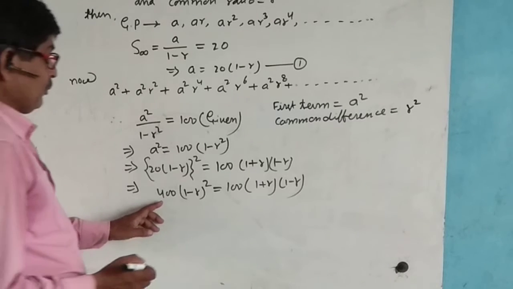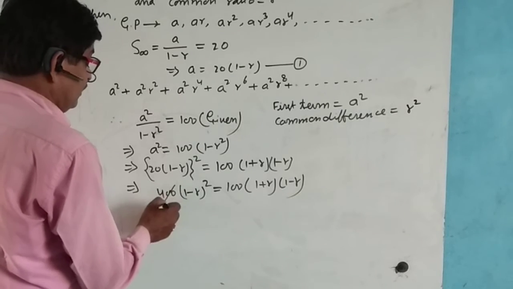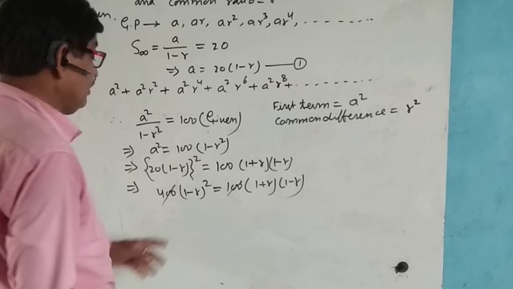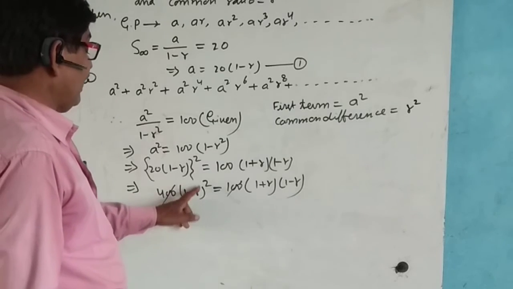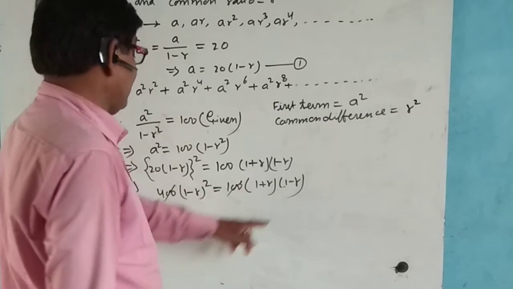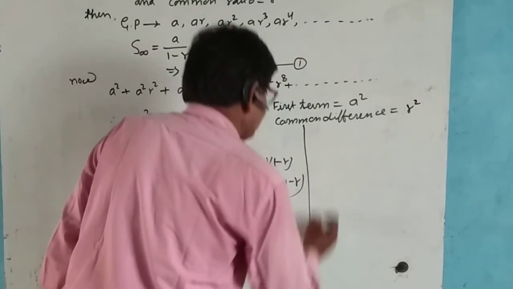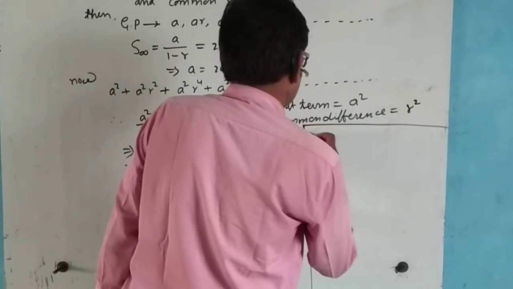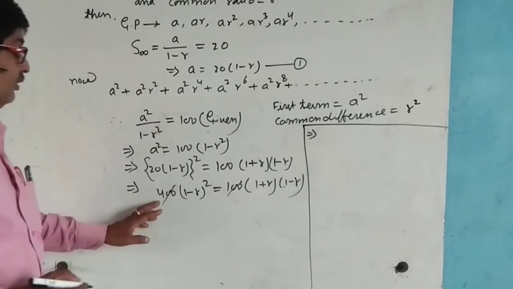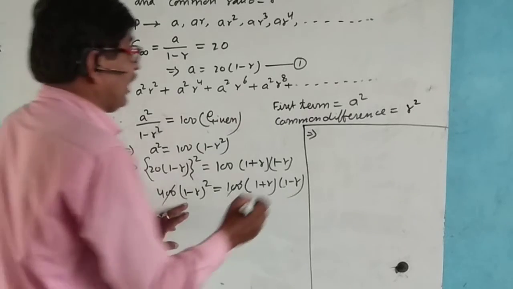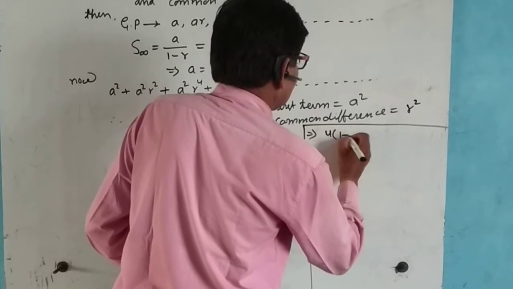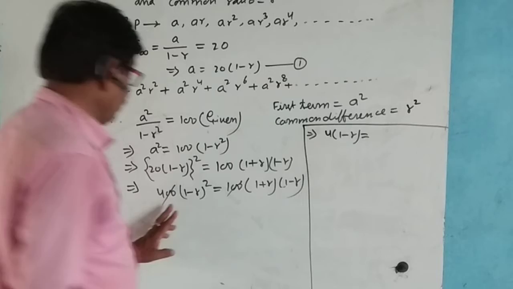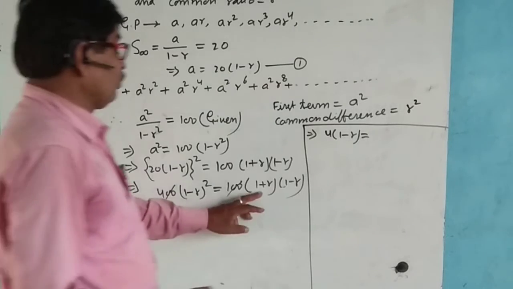So 400 times (1 minus R) square equals 100 times (1 plus R)(1 minus R). Now 100 cancels, and one factor of 1 minus R cancels, so 4 times (1 minus R) equals 1 plus R.